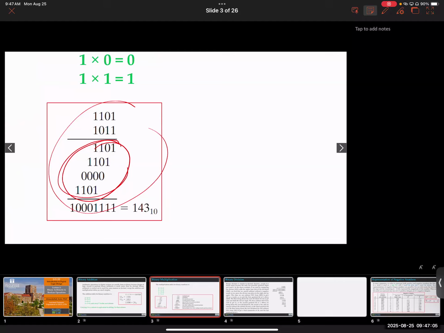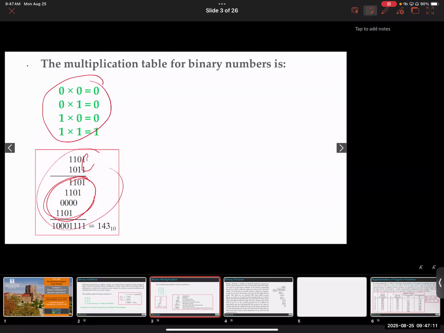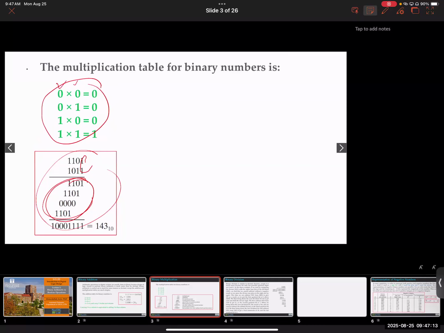But you also need a bunch of AND gates, because the multiplication operation, just compare the truth table: 0, 0 gives you 0. Everything gives you 0 except when both inputs are 1. So it's an AND operation. You need an AND gate and an adder circuit to do that.